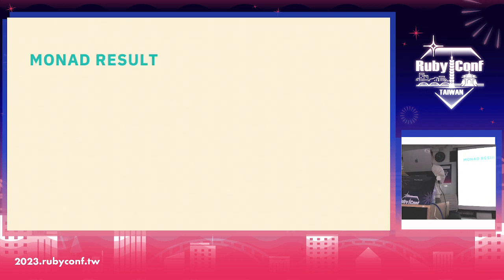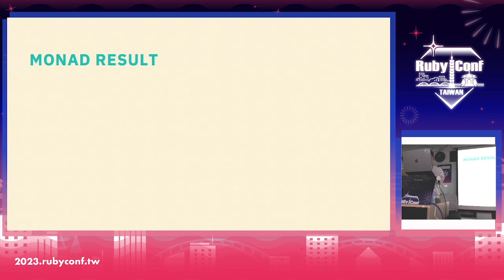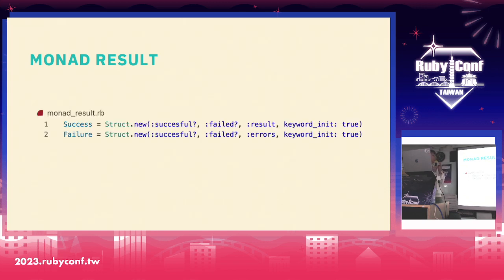And next, the monad result encapsulates two distinct outcomes. The first one is success, which carries a value, and the other is failure, which is accompanied by the error. So this binary approach simplifies our handling of function results throughout our application. This is how we can represent the monad result in our Ruby program.